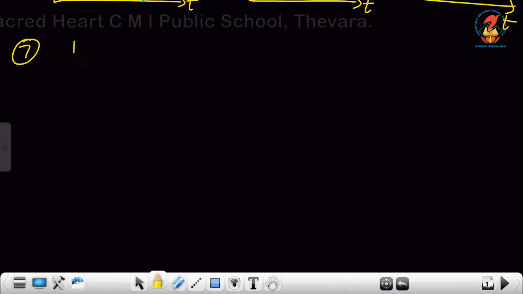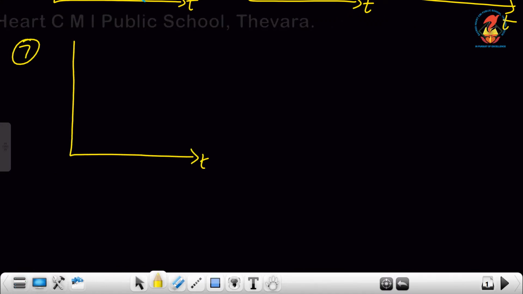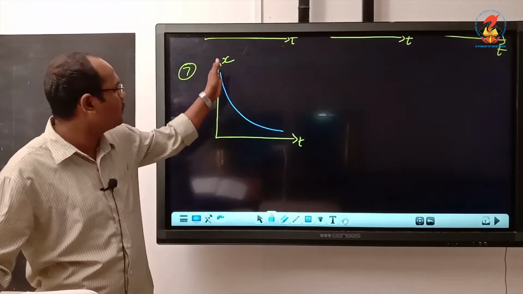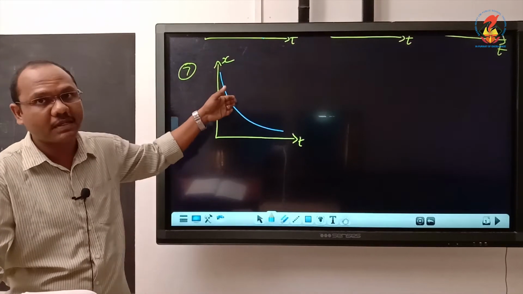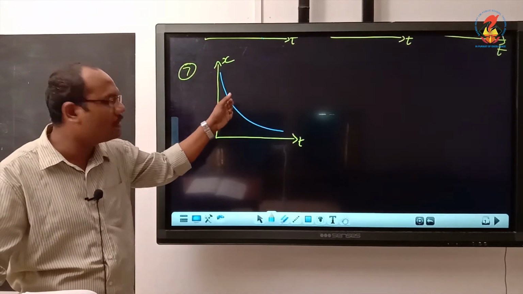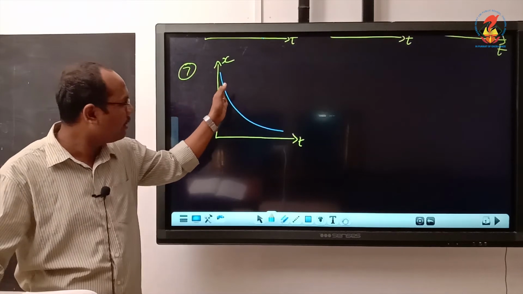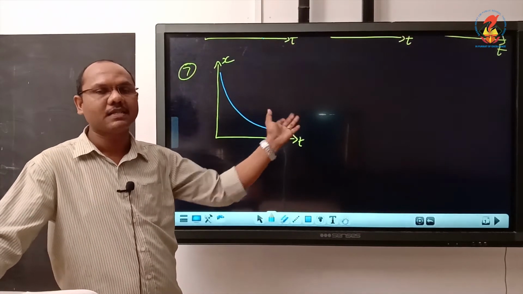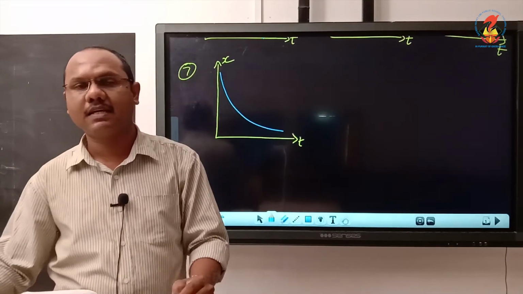Now seventh figure. What is this? Here initially the slope, meaning the steepness of the graph, is more, and finally the slope is reducing and it's becoming parallel to the time axis, which means decelerating.